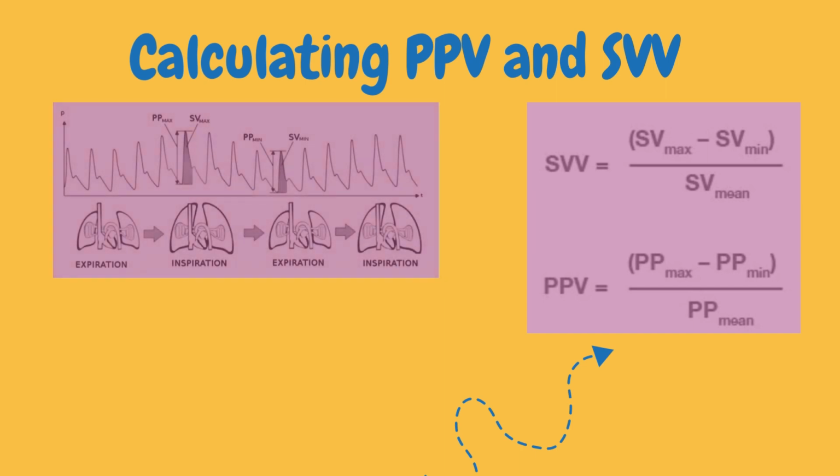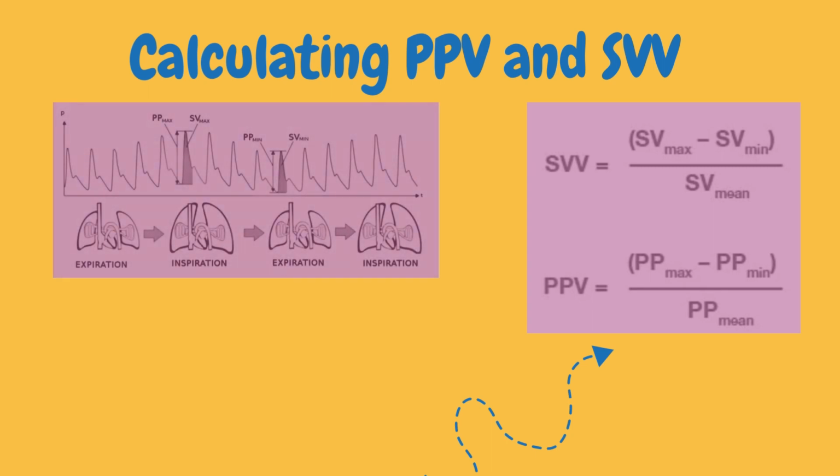If your PPV is high, it's like your body saying, "I'm ready to dance. Give me more fluids." This suggests that the patient might benefit from a bit more hydration. On the other hand, a low PPV means your body is saying, "I'm good, no more fluids needed." It's like a dance partner saying, "I've had enough."